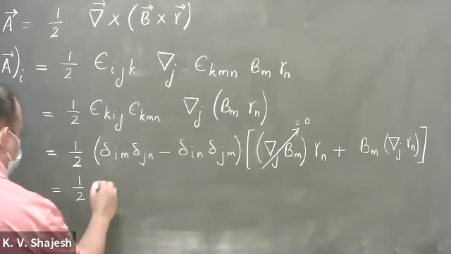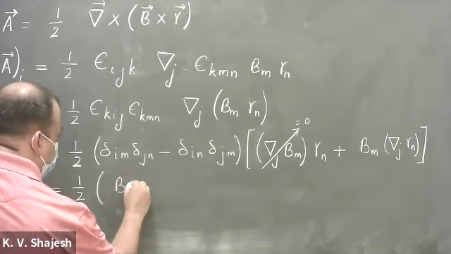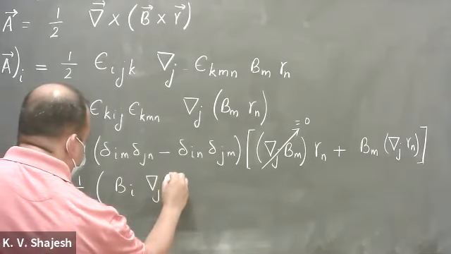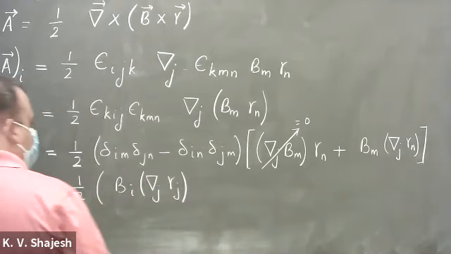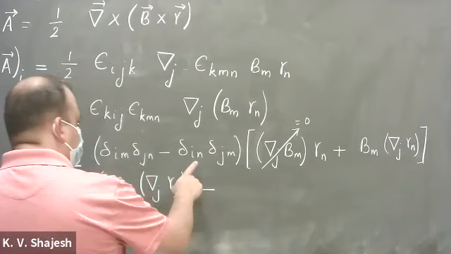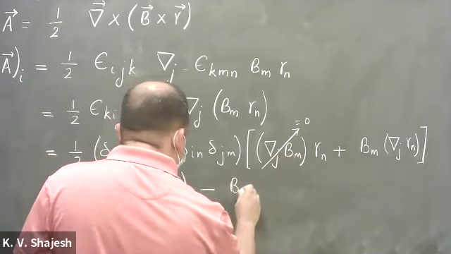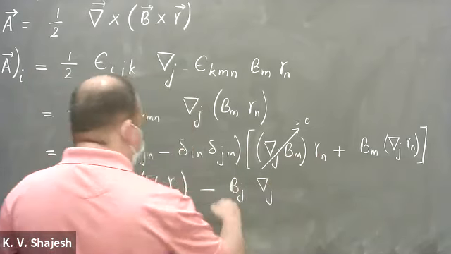Minus, m can be replaced with j in this, so this is j, and n is i.